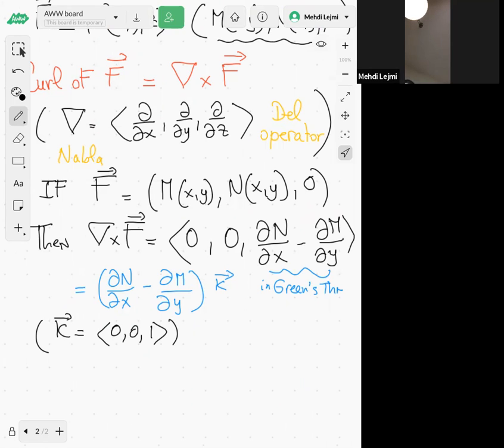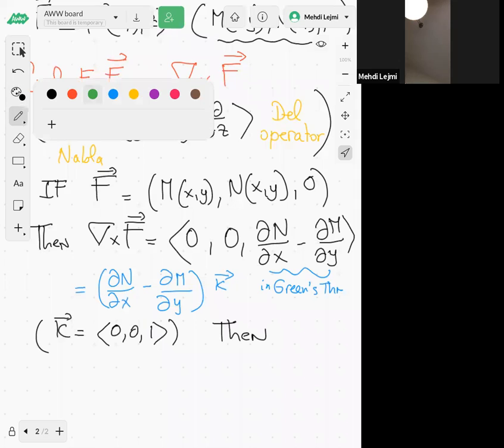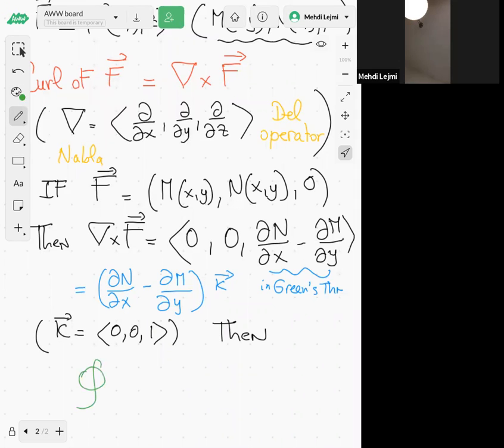So another way to write Green's theorem is this. Green's theorem becomes, again, we have this vector line integral, the line integral of the vector field f along the boundary of your region D. This is equal to the double integral of the curl of f, because that's exactly what we have in Green's theorem, the curl of f scalar product with the vector k.